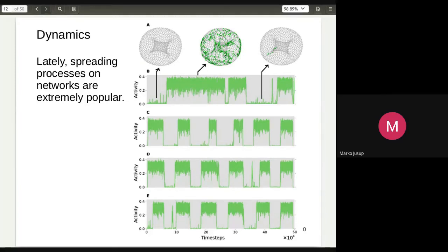And on the horizontal axis, we can see that this is time. We can also see that this network starts in a very inactive state, then suddenly it can jump to an active state, when it lights up, like here in the middle, and becomes green. So nodes are doing something. Then it again spontaneously goes into an inactive state where nothing much is happening.